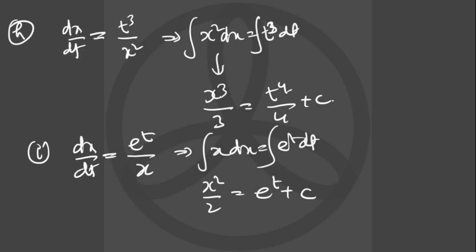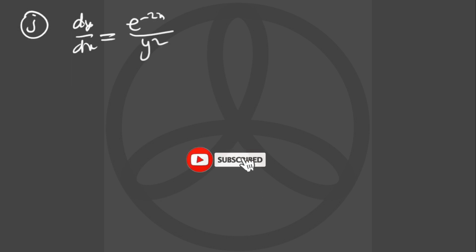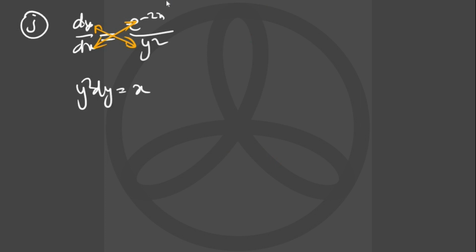Then we come to question number J, dy/dx is equal to e to the power minus 2x over y squared, again variable separable, multiply with this, so y squared dy is equal to e to the power minus 2x dx.